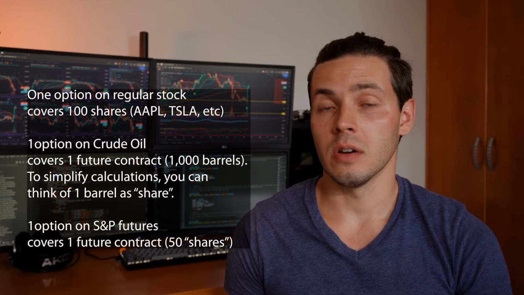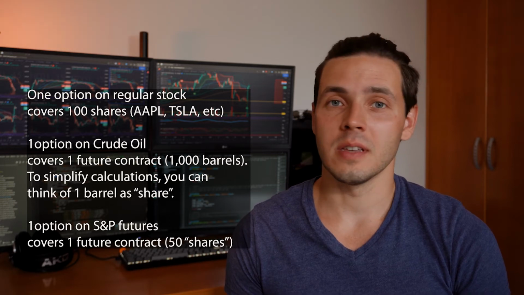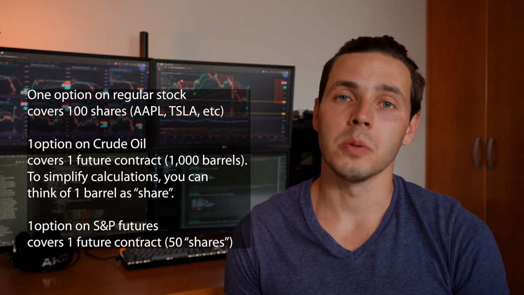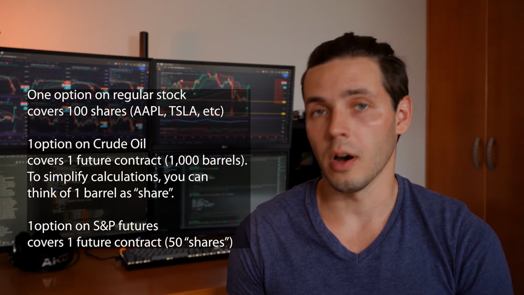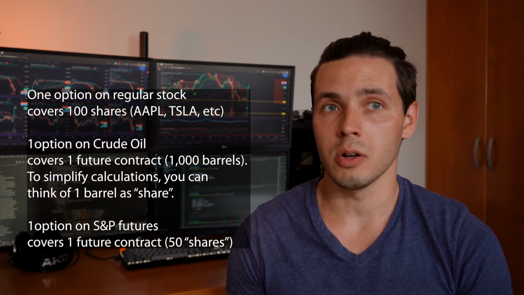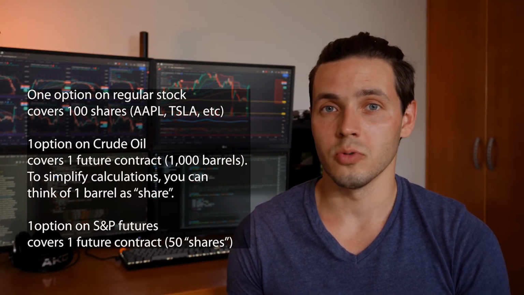Each option contract covers 100 shares of stock. Technically, it also means that the price that you can see in your brokerage software has to be multiplied by 100. So if you see the price for the option contract is $5, you will need to pay $500 because the price here is just for one share and you have to cover 100 of them.